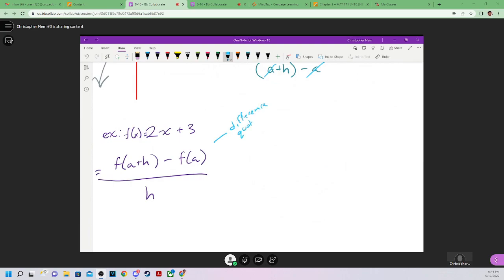If I calculate the difference quotient, I have to calculate f of a, which is going to be 2a plus 3. Then I have to calculate f of a plus h, which is 2(a plus h) plus 3, which is going to give me 2a plus 2h plus 3.